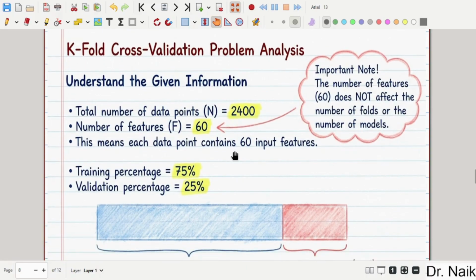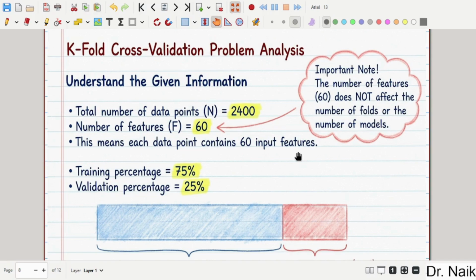So understand the question. In the question we have been given the total number of data points, capital N, as 2400, and the number of features F is given as 60. This means that each data point contains 60 input features.